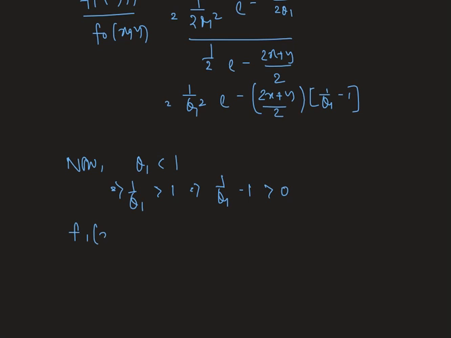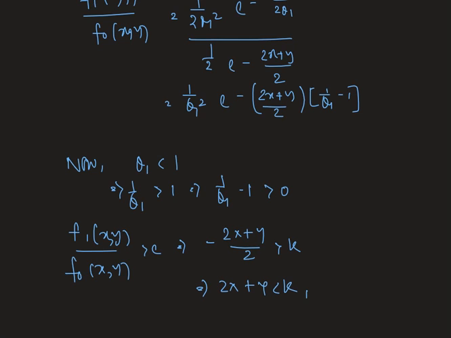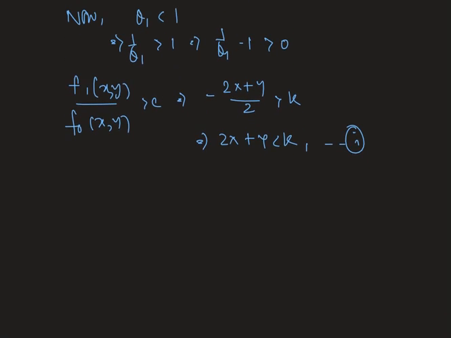Now f1(x,y) divided by f0(x,y) is greater than c. So minus (2x plus y) divided by 2 is greater than k. Hence 2x plus y is less than k1, and we name it as inequality 1.